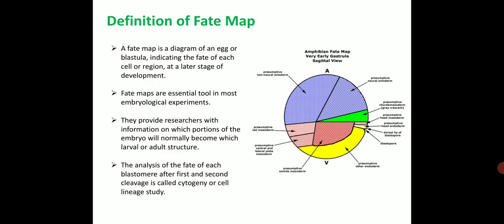It provides researchers with information on which portion of the embryo will normally become which larval or adult structure. The analysis of the fate of each blastomere after the first and second cleavage is called cytogeny or cell lineage study.